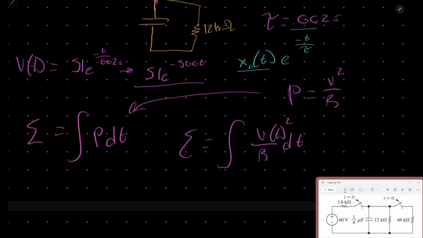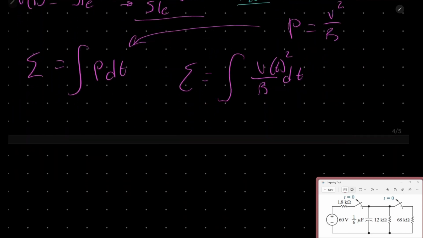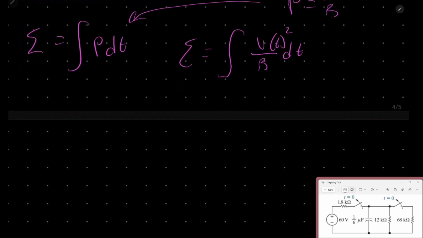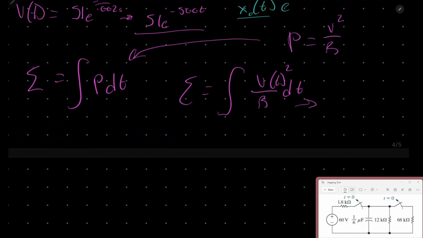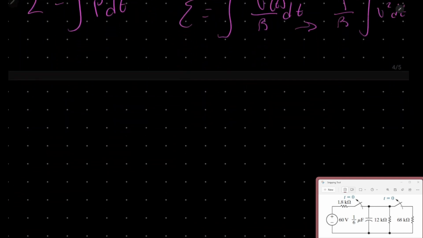So one thing we can actually pull out really quickly before we start plugging stuff in is 1 over R. So just really quick right here, we'll get 1 over R times the integral of V squared dt. So we'll continue down here.